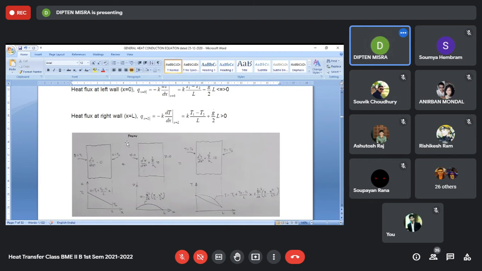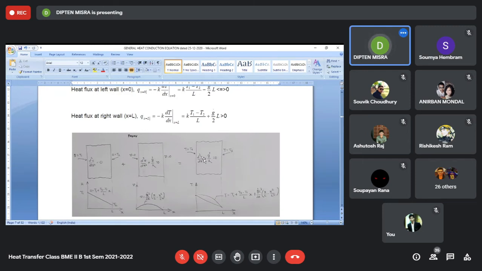Now, our problem is like this: d2T/dx square plus G dot by k equal to 0 with a boundary condition given by T equal to T1 on the left hand side and T equal to T2 on the right hand side. Now we can think of this problem as if made up of two simplified problems. What are the two simplified problems? One problem is where you don't have any heat generation.